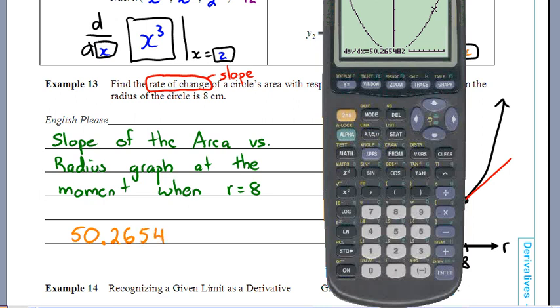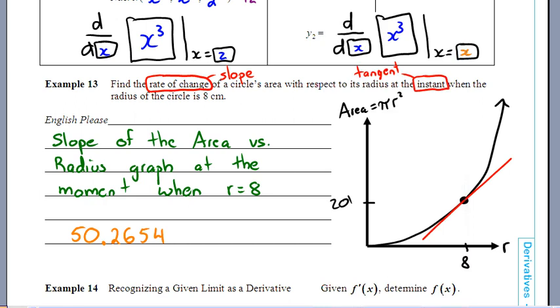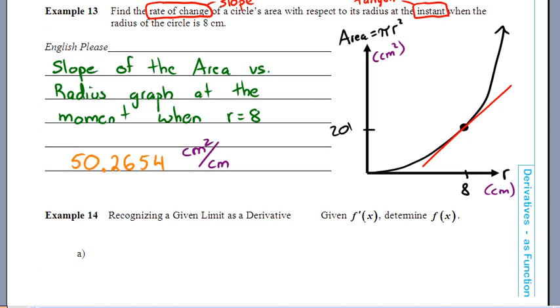We should actually put in units too, which if you think about it, the units up and down here would be centimeters squared, and these would be centimeters. So it's kind of like centimeters squared per centimeter. I know that reduces, and you could just call it centimeters, but if you want to write it that way, that almost makes more sense.